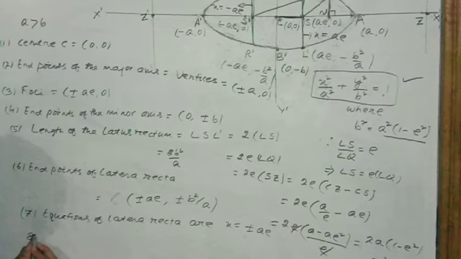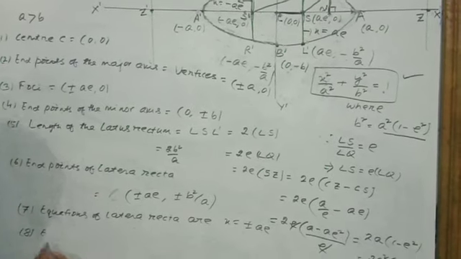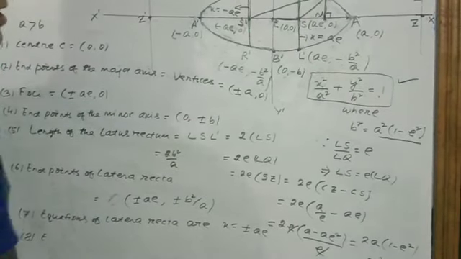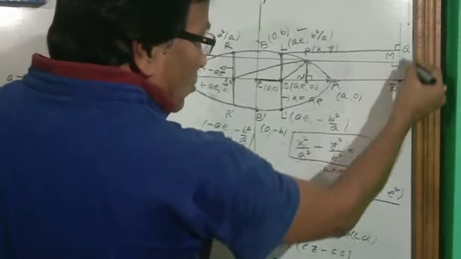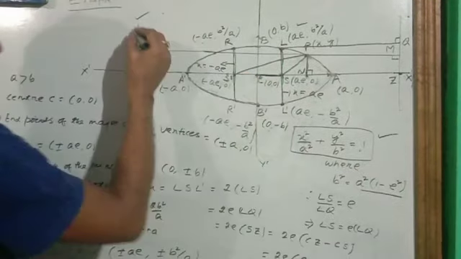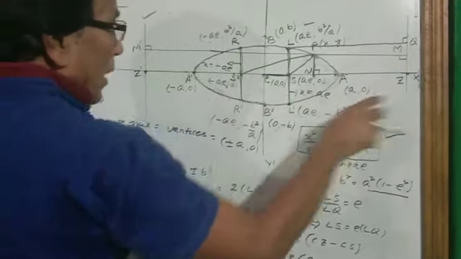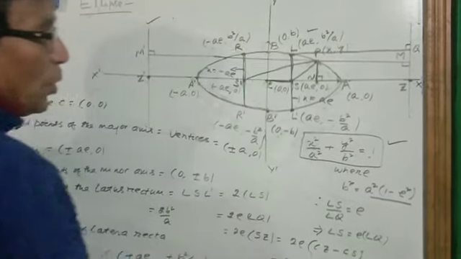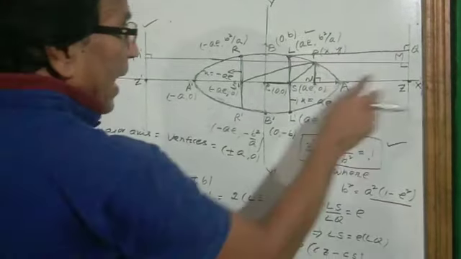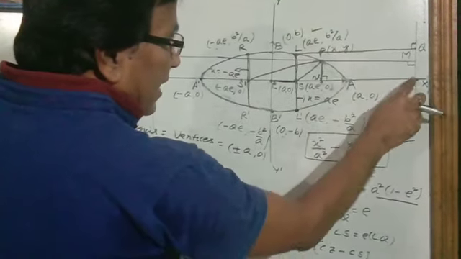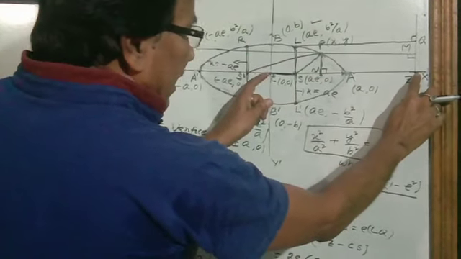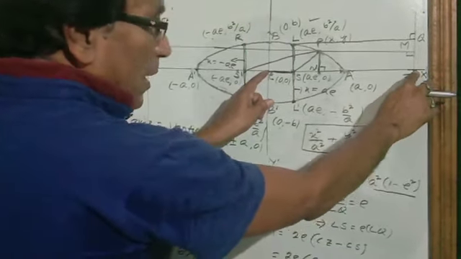Number 8 point, we will find out the equations of the directrices. Here ZM is one directrix and the other directrix is Z dash M dash. These two lines are parallel to the y-axis, and this directrix cuts the x-axis at a distance CZ from the origin.